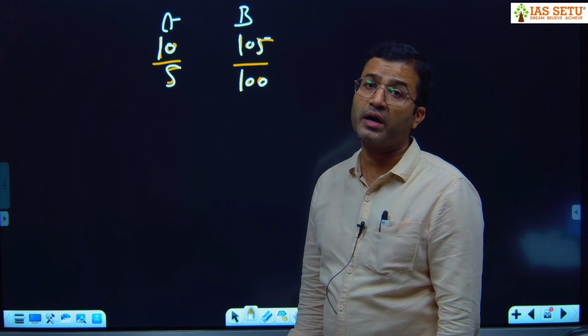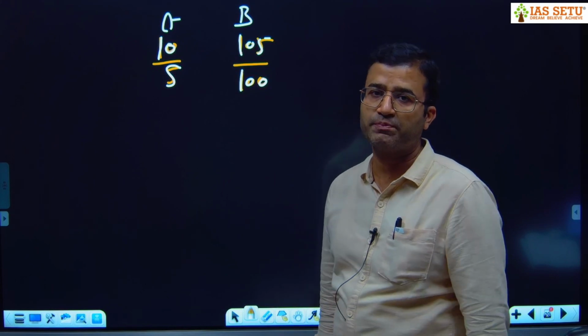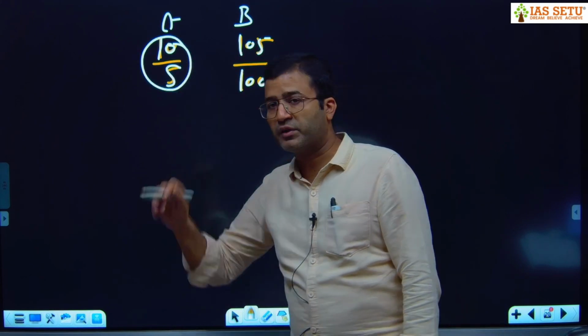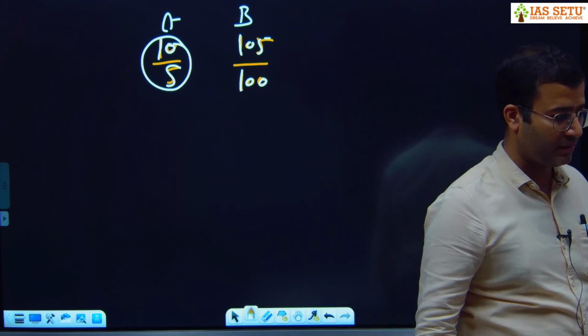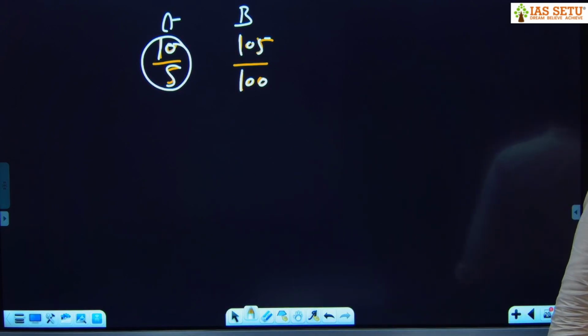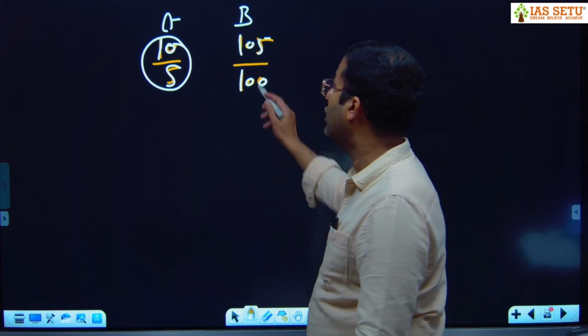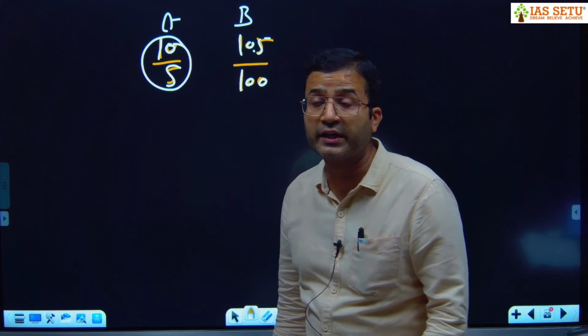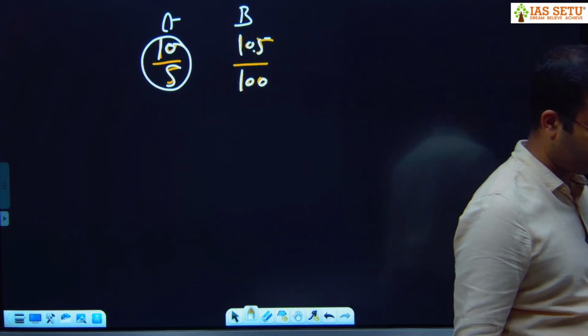Both profits are equal, but tell me which business is better? This is better because less investment makes the same profit. So when there are improper fractions, you have to be careful. This 105 upon 100 is actually the smallest fraction.